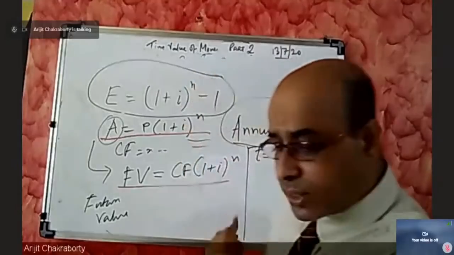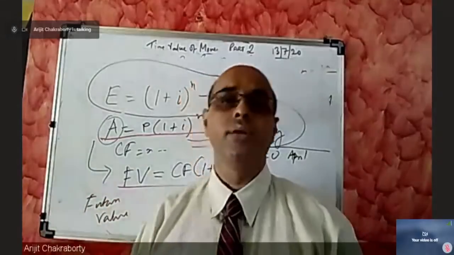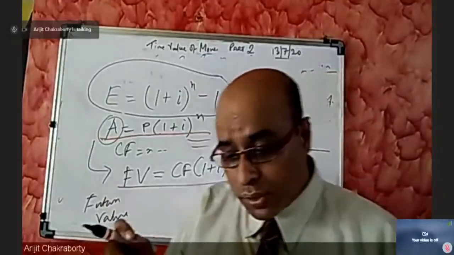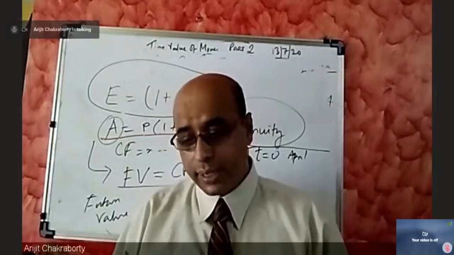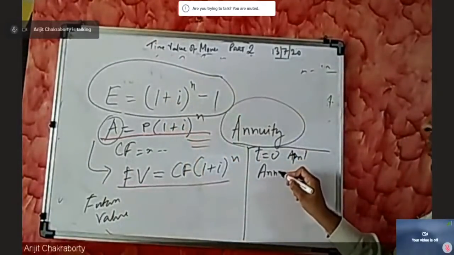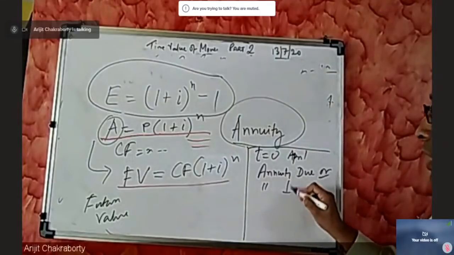This type of annuity is known as annuity immediate or annuity due. So it is called, when I receive the money on the first day at the beginning of the year, in the first period, then this is called annuity due or annuity immediate.